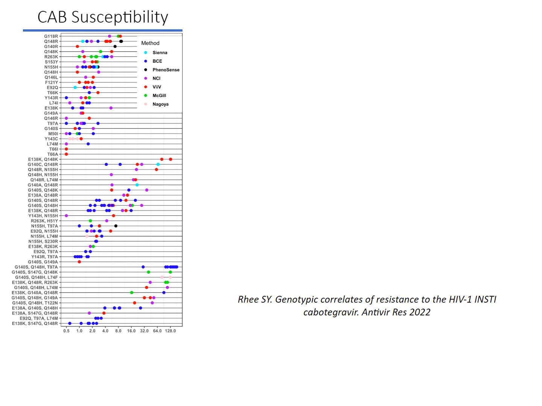The figure on the left summarizes the publicly available phenotypic data for cabotegravir performed using several different methods. Only those patterns for which at least 2 results are available are shown. The single mutations with the greatest effect on susceptibility were G118R, Q148R and K, and R263K.